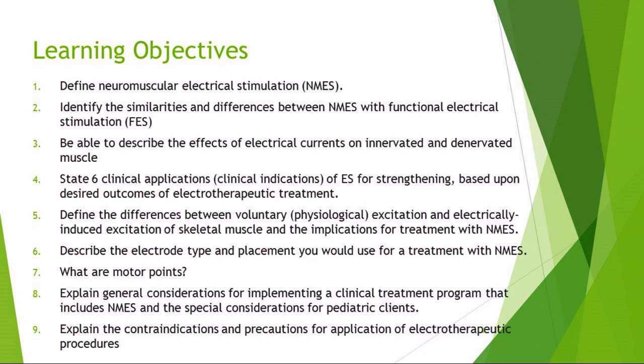And explain the general considerations for implementing a clinical treatment program that includes NMES and the special considerations for pediatric clients. Even though we're not going to go over it in detail, you should be able to explain the contraindications and precautions for the applications of electrotherapeutic procedures. So we talked about that in the last chapter. All the same things still apply.